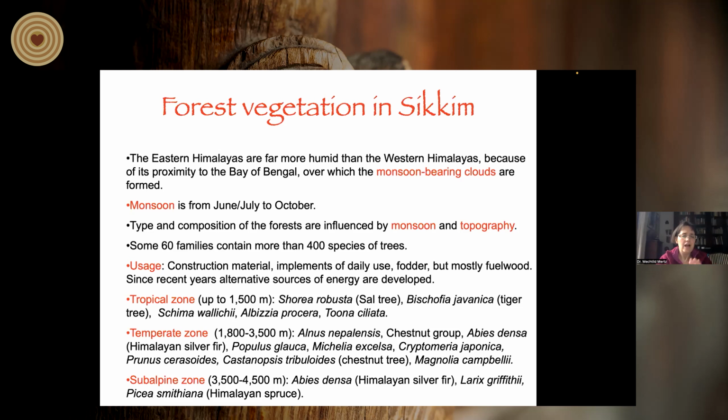Then you have the tropical zone, which is up to 1,500 meters, so it's still low. And then the upper part, the temperate zone, then you have Alnus nepalensis, alder, or the chestnut group. And the subalpine zone, there you have Abies densa, the Himalayan silver fir.